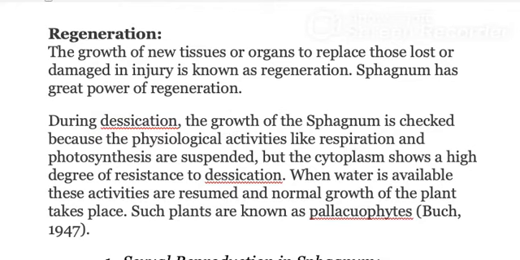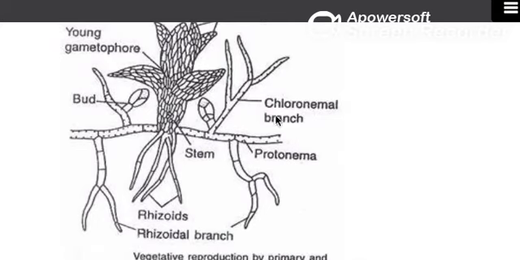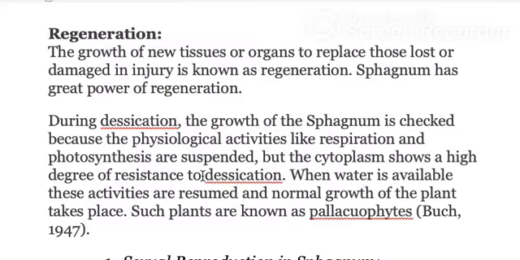Also, when there are dry conditions, this sphagnum will become very brown in color. But the cytoplasm is able to resist drying, or desiccation. And when water is present, what happens?